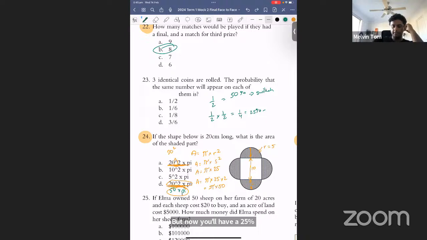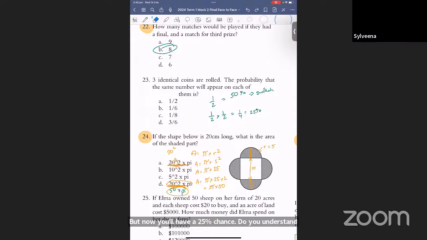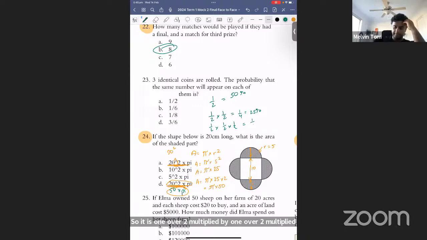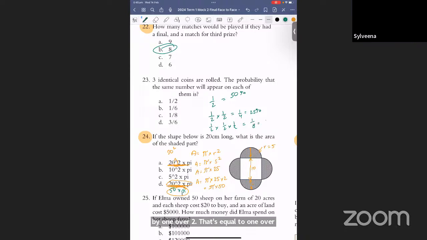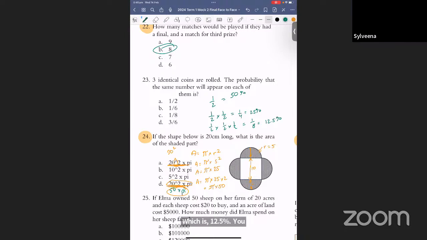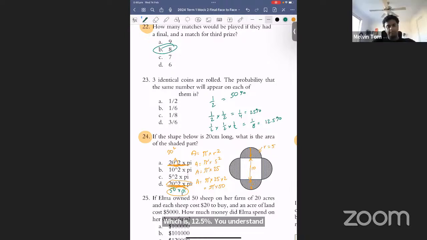Do you understand? Yes. And finally, you have to get 3 heads in a row. So it is 1/2 multiplied by 1/2 multiplied by 1/2, which equals 1/8, or 12.5%. Do you understand? Yes, I get it now. Thank you.